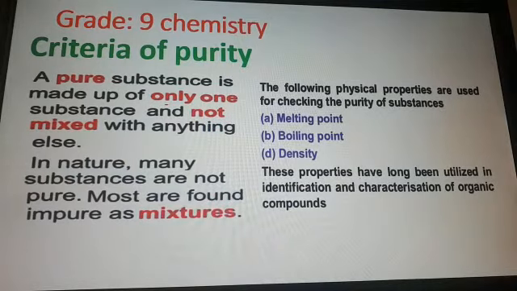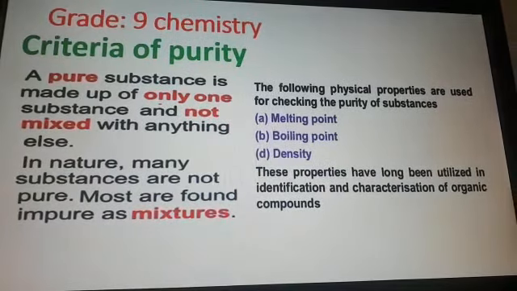This is grade 9 chemistry revision topic, criteria of purity. You know what we mean by a pure substance? A pure substance contains only one type of substance, that is, one type of compound or an element. For example, water.